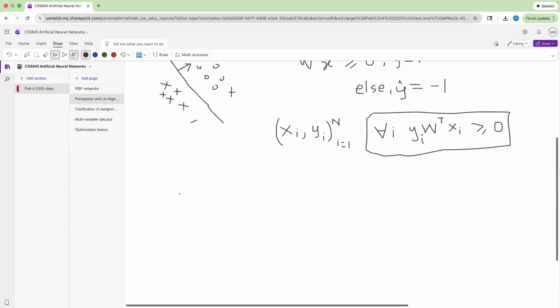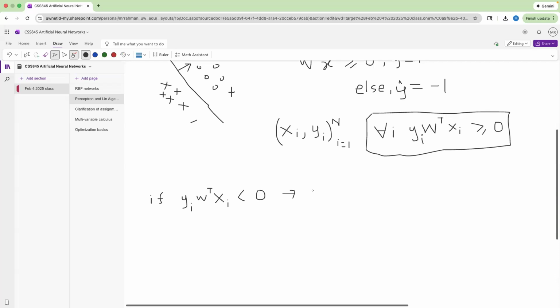The perceptron rule was that every time we find an error, where this becomes negative for a particular example, that is, if we find W transpose x times y is negative as we are learning the weight, then we make an update.